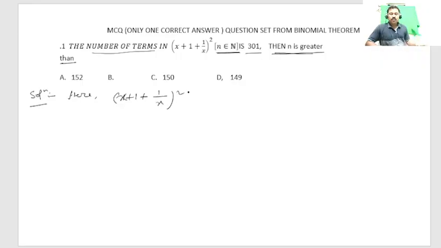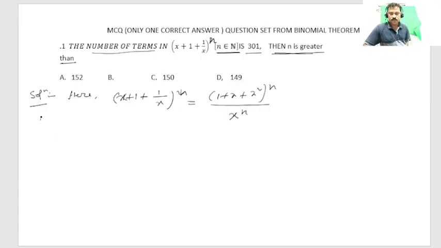So we first take the LCM and solve the problem. So we may write this as (1 + x square) divided by x to the power... In here I have made a mistake in writing the question, that is small n.